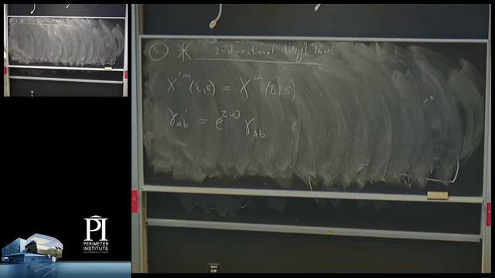I have to tell you how all our fields transform under the symmetry, and we all agree that that's indeed a symmetry. Our fields X don't transform at all, so they are scalars. But the metric does transform.